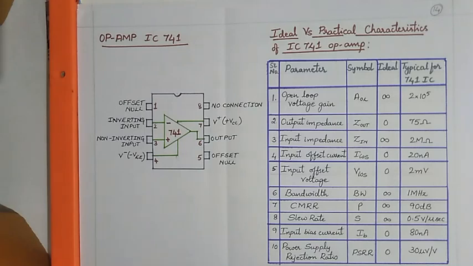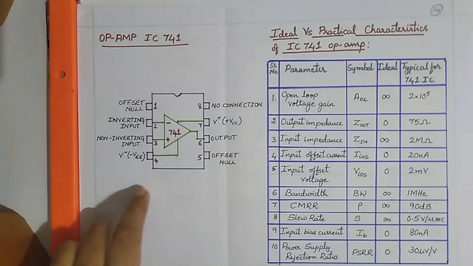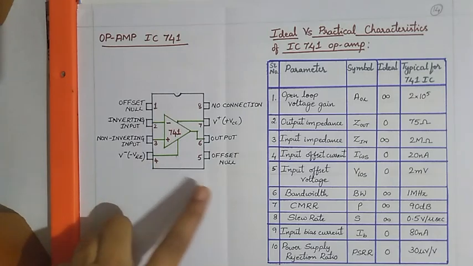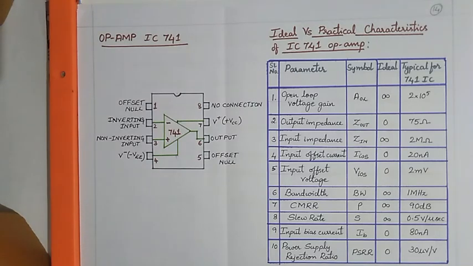Fairchild Semiconductor is one of them, whose IC name is stated as mu A741. The 741 is an 8-pin IC in a dual in-line package. Dual in-line package means that on both sides of the op-amp we have the leads through which you can make the connections.